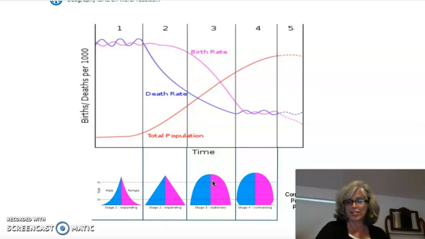Industrialization and urbanization, and big stuff is happening in population also. The natural increase, which is the space that's not colored in right here. Let me see if I've got one where the space is colored in. No. On some demographic transition models, you'll see this space here shaded in, and this represents the natural increase rate that we learned about a couple of lectures ago.